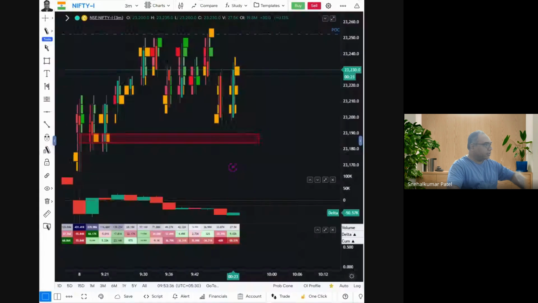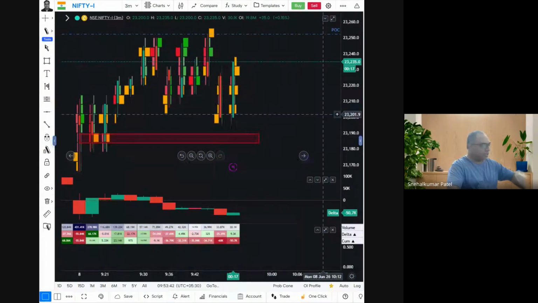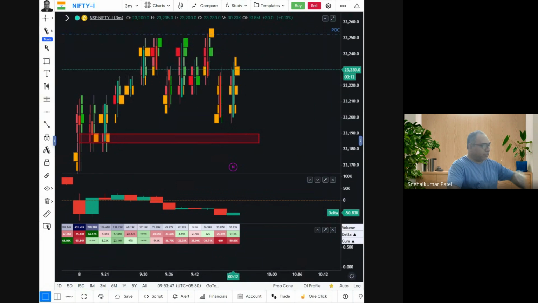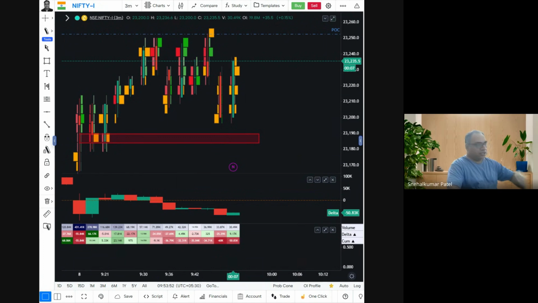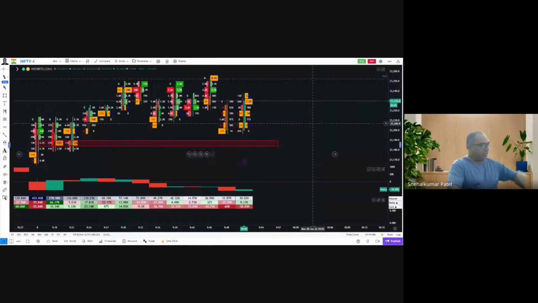I'll try to share the... Okay, I think that's because I am using the split screen feature of the Edge browser. I think that's why it is not visible. Is it visible now or still not? Only the Go charting screen is visible for now. Okay, that's fine. Let's wait for now.